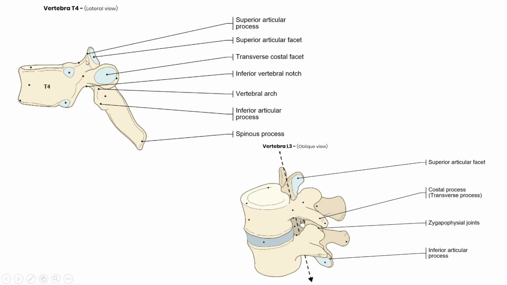And when you're looking at two vertebrae stacked together, as you do in this image down below, the superior articular process of the inferior vertebra will articulate with the inferior articular process from the superior vertebra. That's the correct way to say it. It's very confusing. But you have the inferior vertebra here and its superior articulating process.